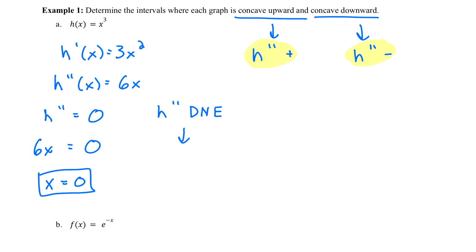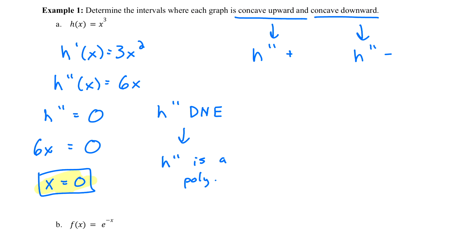Places where the second derivative does not exist: I'm going to look at the equation of h double prime, which in this case is just 6x. That's a polynomial, which means that we have no other x values here. We're not going to come up with any other partition numbers. So the only partition number that I've got here is x equals 0.